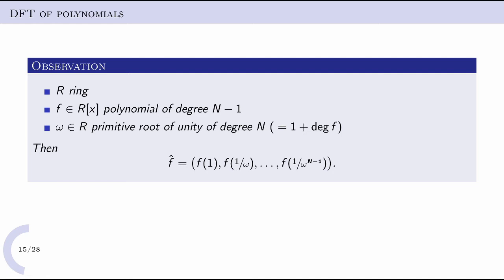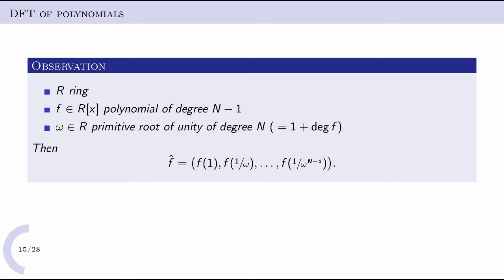The observation you see on the screen says that the Fourier transform of a sequence of coefficients of a polynomial is nothing else but the values that this polynomial takes at successive powers of the inverse of omega.